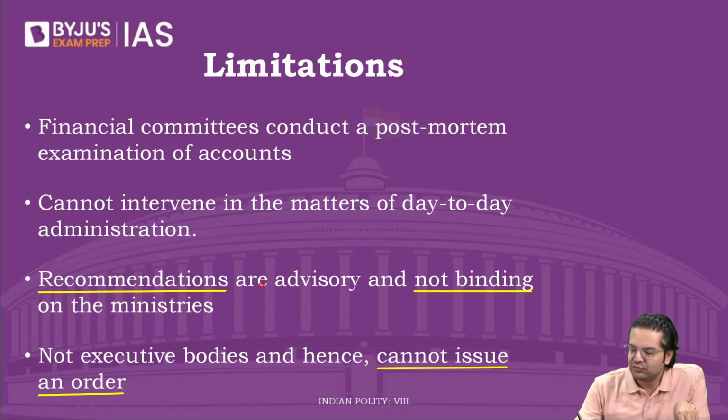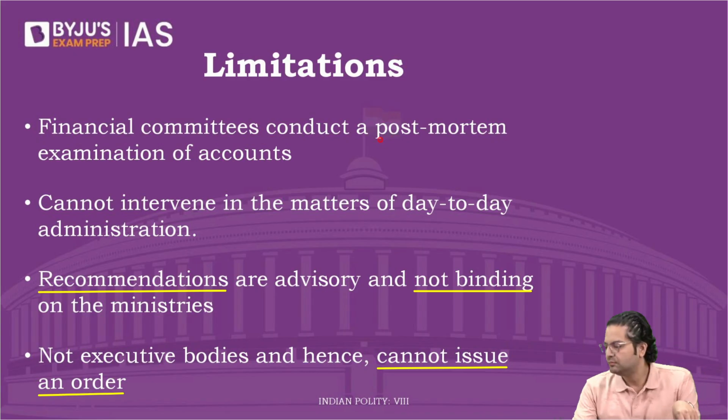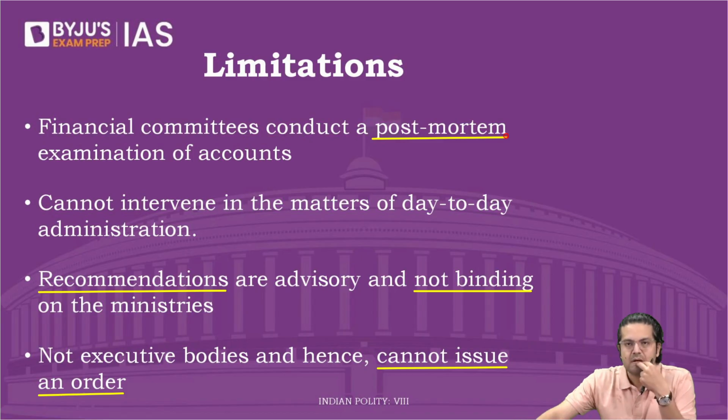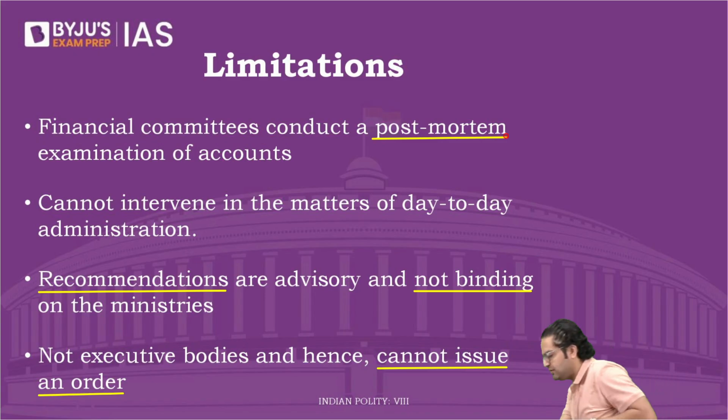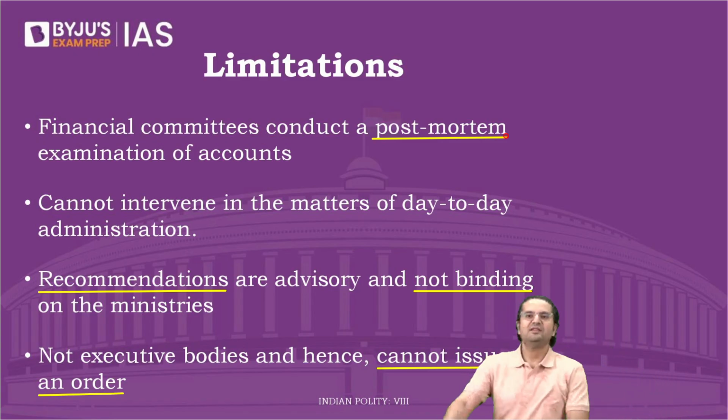They conduct a post-mortem. What is a post-mortem? When the person has died, we try to find out the cause of the death. That's the real problem here. See, when the money is spent, money has been spent already. The government prepares a report. Based on this report, the government submits it to the CAG.